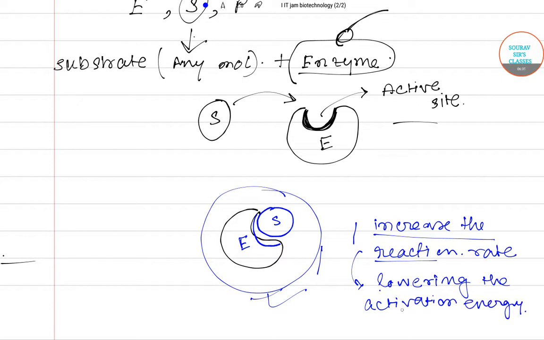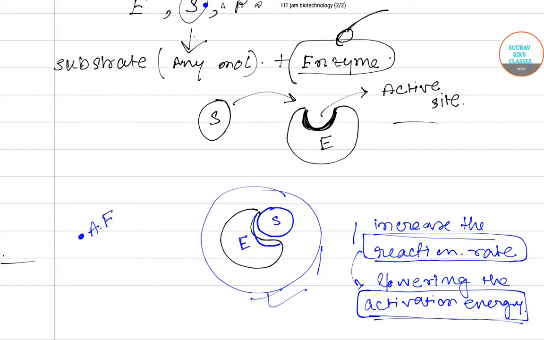So when there is a lower activation energy, there will be a high rate of reaction. Because activation energy is the energy that is required to start a process of enzymatic reaction.